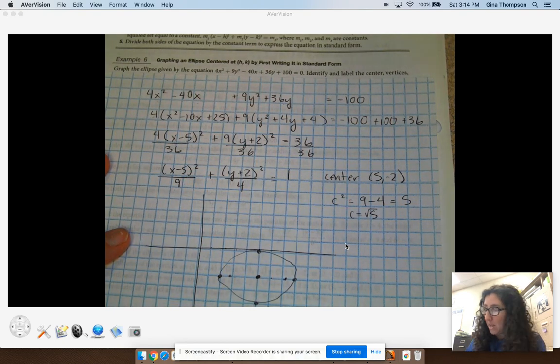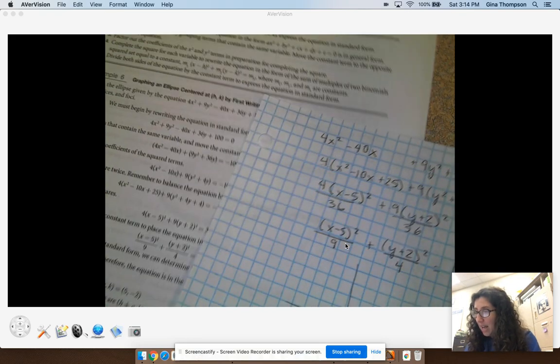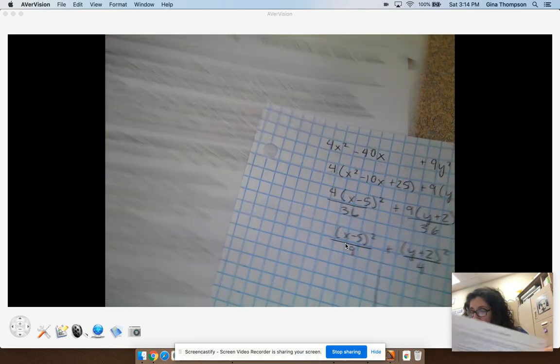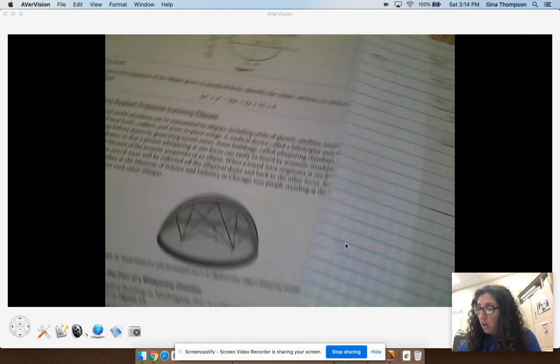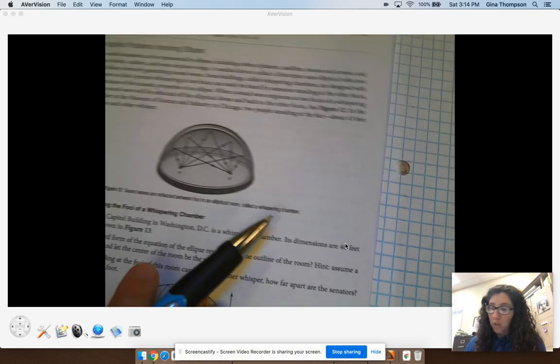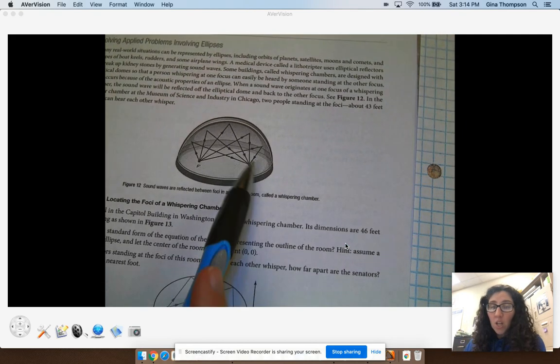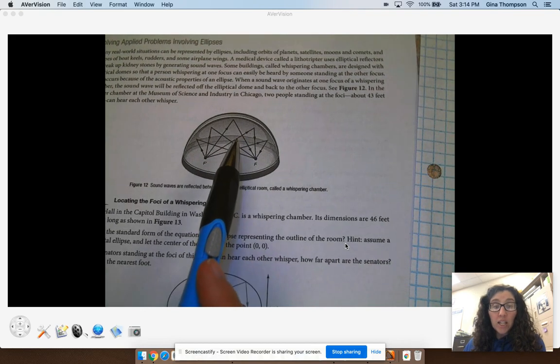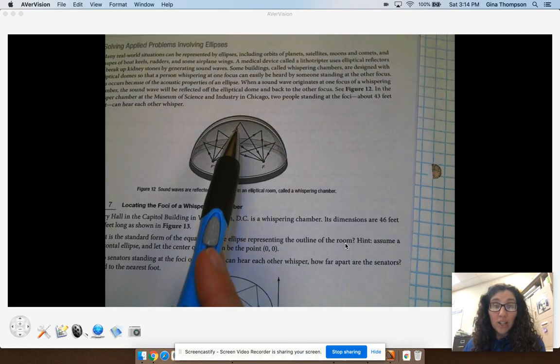Okay? All right, one last thing we're going to talk about is applications of this. So let's just use this image here instead of going back. This actually is really important for acoustical engineering.